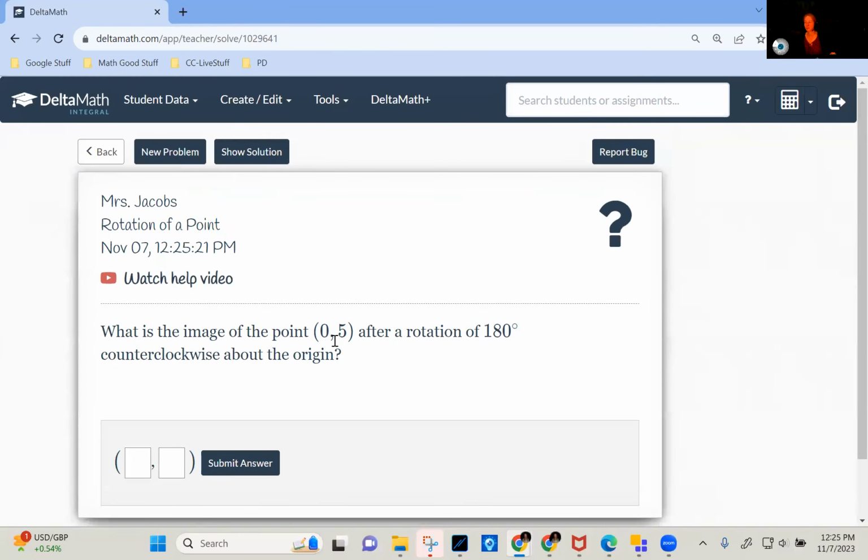It says, what is the image of the point (0, 5) after a rotation of 180 degrees? Okay, so what you're doing is you're taking your rules. I lost my rules. Where did my rules go? Here are my rules for the rotations.